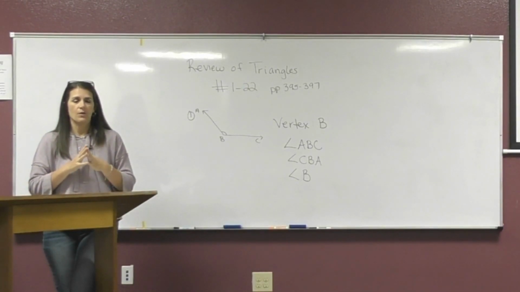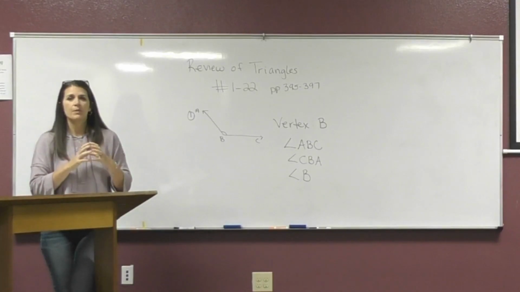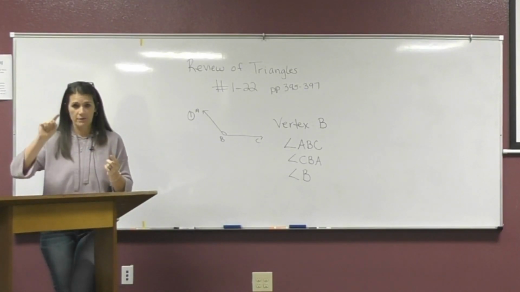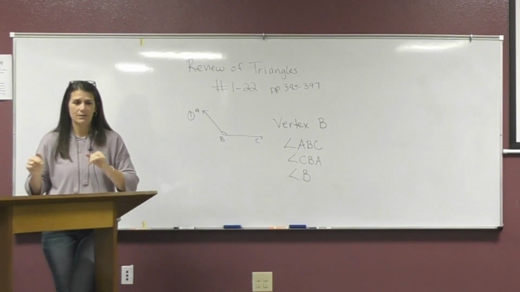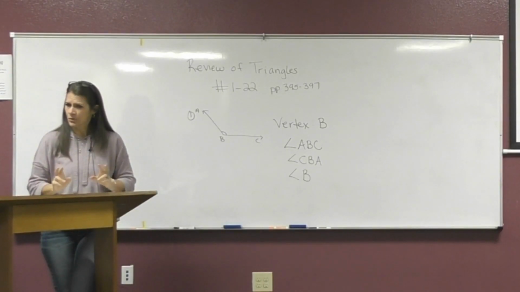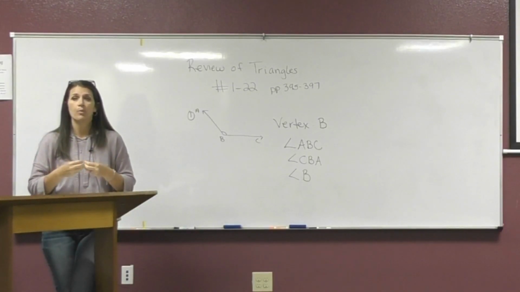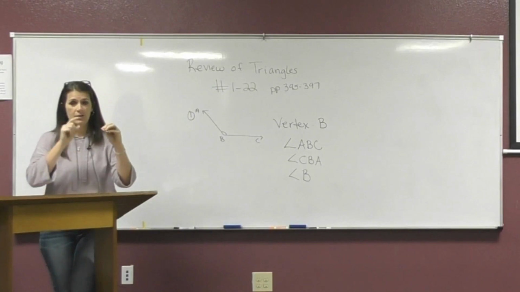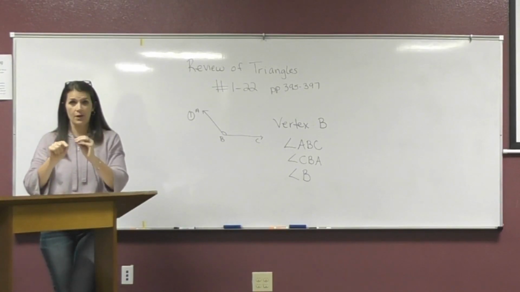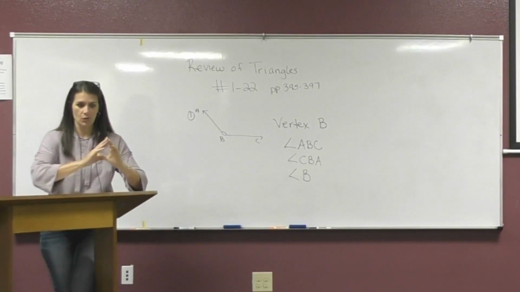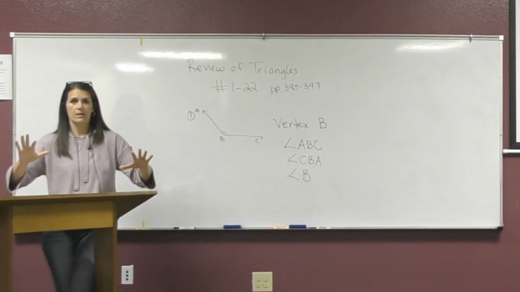Okay? So if they're similar, I want you to show me all of your proportions, all three sides, not just one or two. I need to see that all three sides are proportional. So I need to see a fraction set up to equal another fraction, set up to equal another fraction, all of them reduced so that they're all the same. Okay?